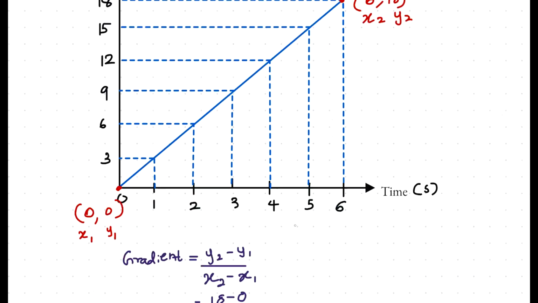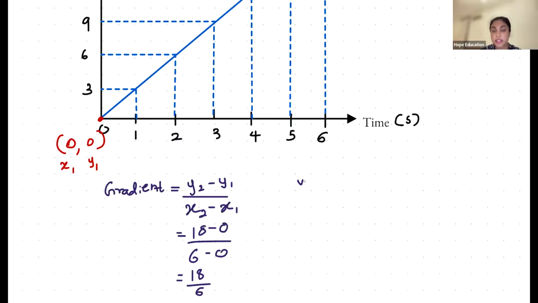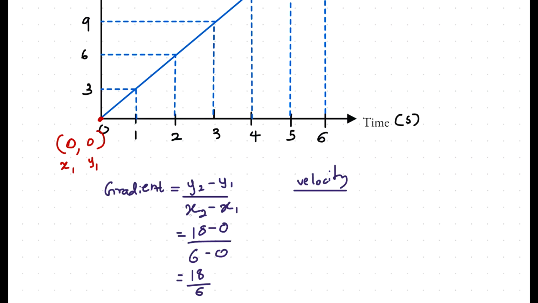Then the denominator is x2 minus x1, which means the x values. What is the x-axis of this graph? Time. Velocity divided by time. What do we get? What is velocity divided by time?